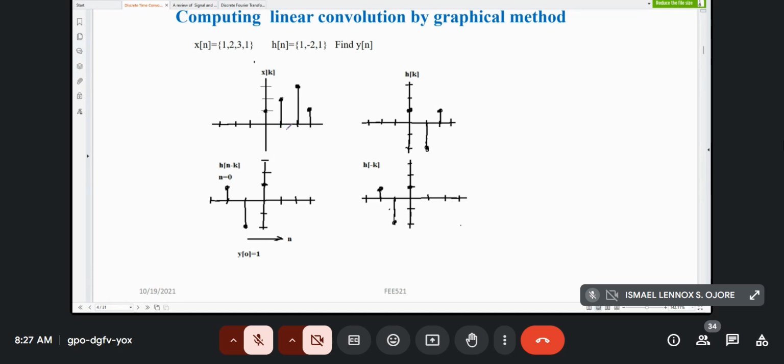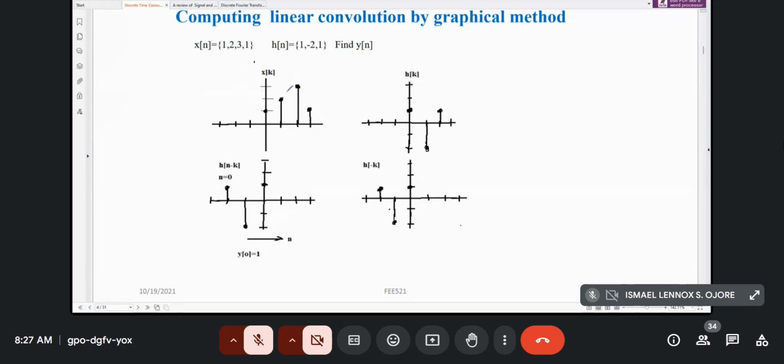The one where I find most people have got issues is the graphical method. So in the graphical method, we take the two, x of n and h of n, and we change the variable from n to k. So we have x of k here.